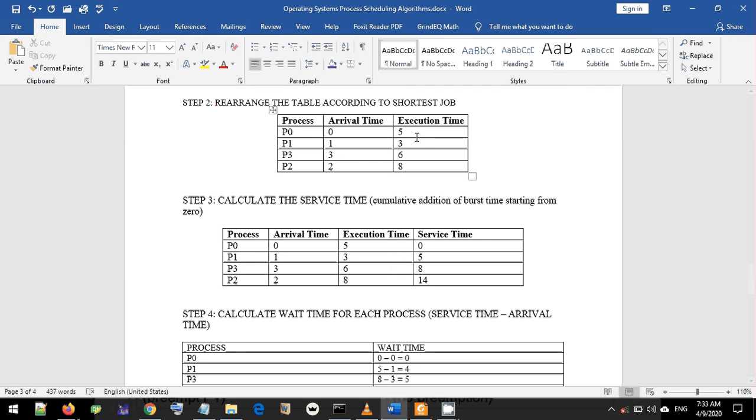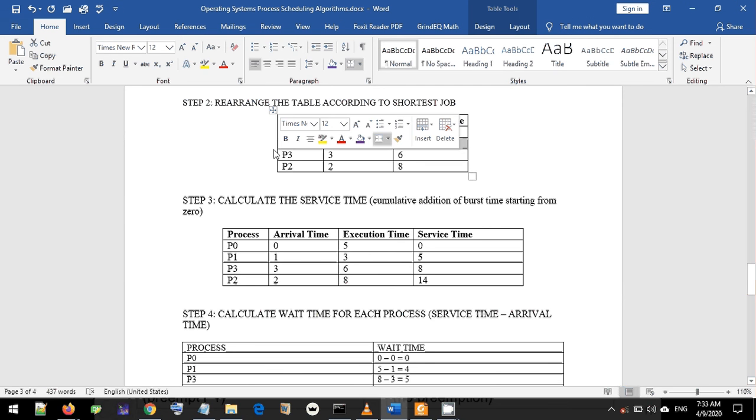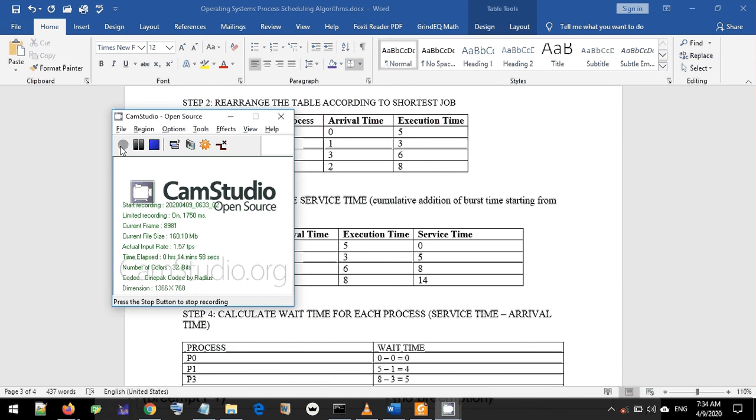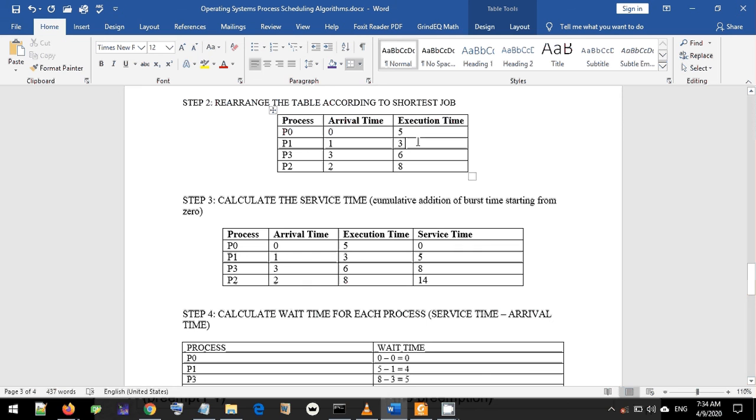Right now, we see that the shortest job here is P1, but P1 arrives at the time interval 1. You see, right? So it comes after process P0.